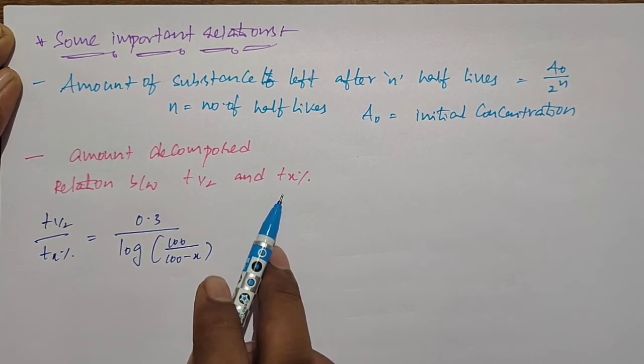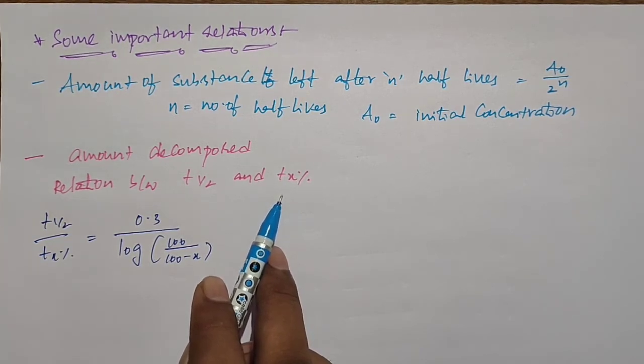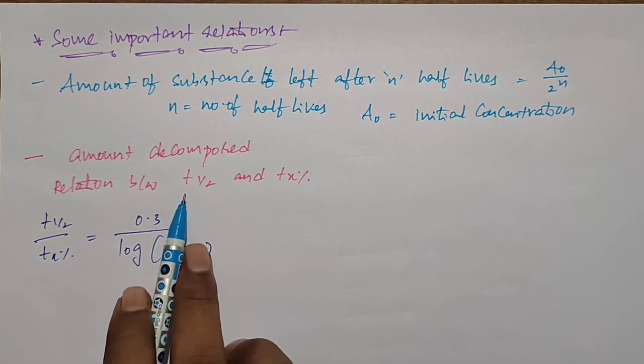Suppose two percentages are given, I mean Tx percentage and T90 percentage, two different percentages other than 50, where T half means T50 percentage.